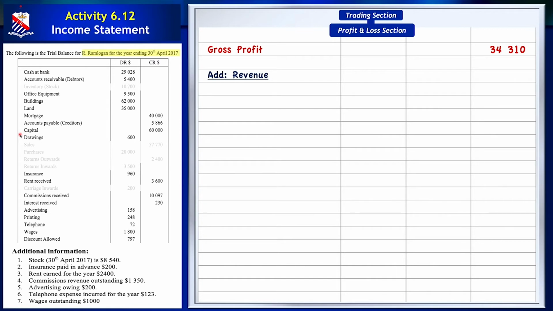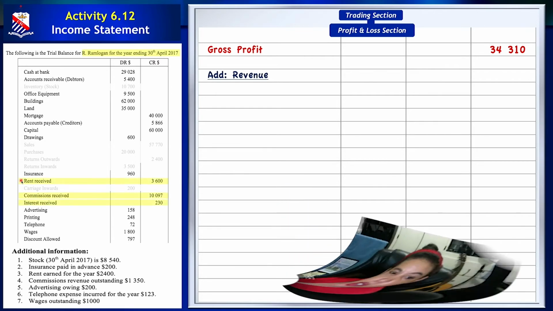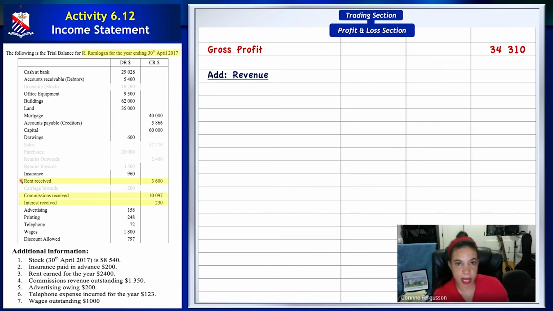So you could always check down in your credits, basically, if you don't want to check everything here. You have rent received, commissions received, and you have interest received. Those three would be your revenue. So you can either take them one by one, or you can write them all down and then check the notes, but I'm going to take them one by one.